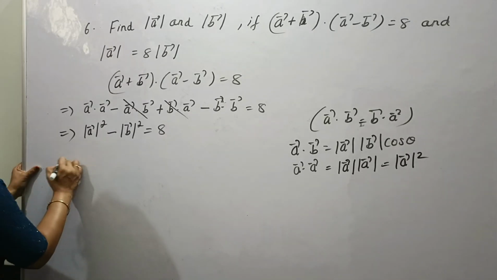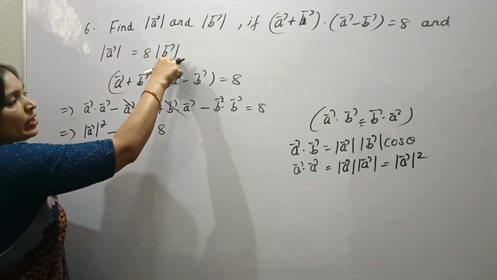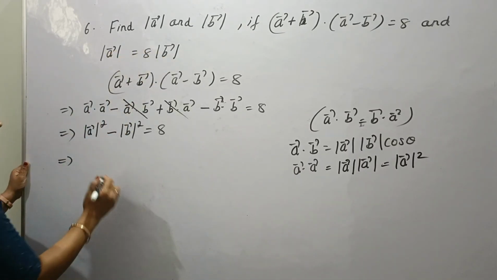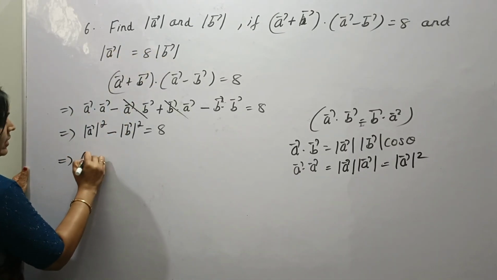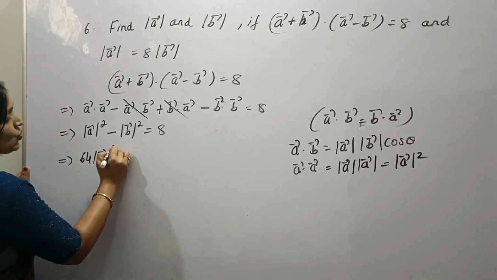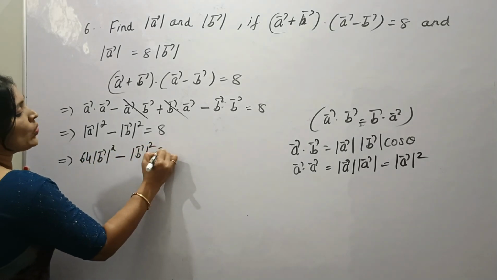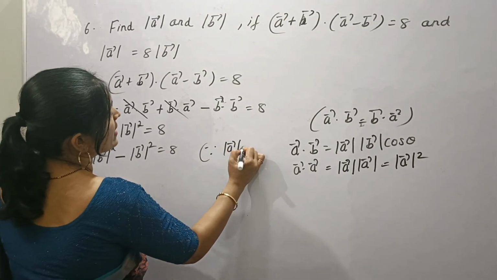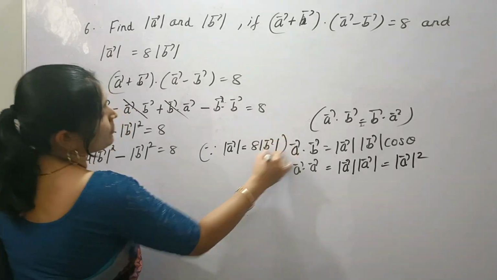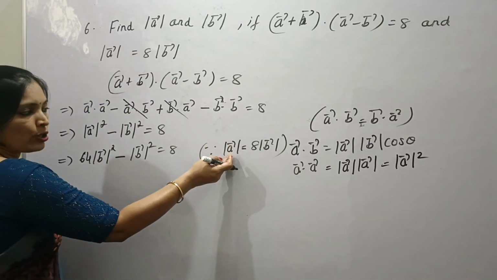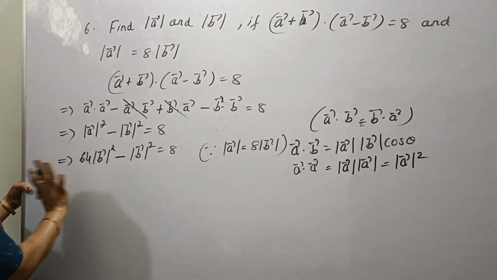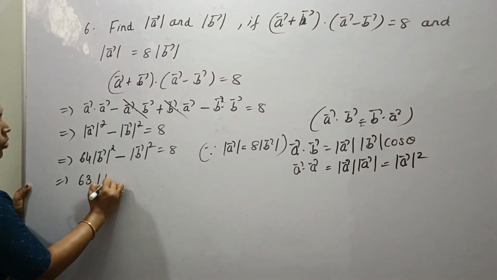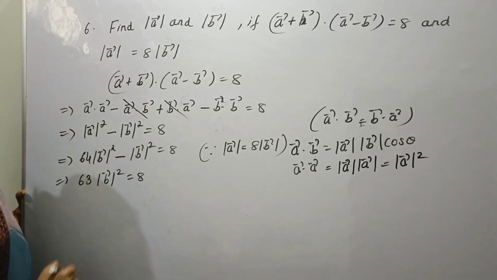So, let's substitute. Modulus vector A is equal to 8 modulus vector B, so modulus vector A whole square is 64 modulus vector B square. Substituting here: 64 modulus vector B square minus modulus vector B square is equal to 8. 64 minus 1, that is 63 modulus vector B square is equal to 8.